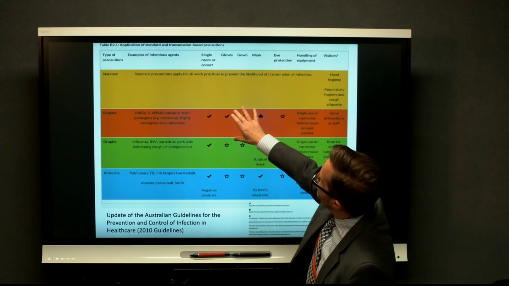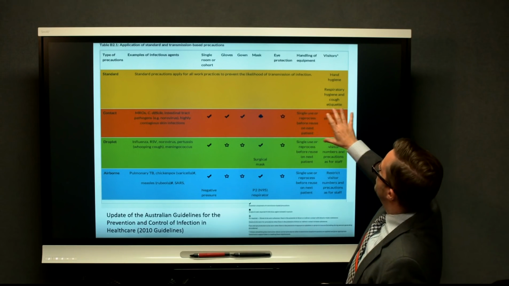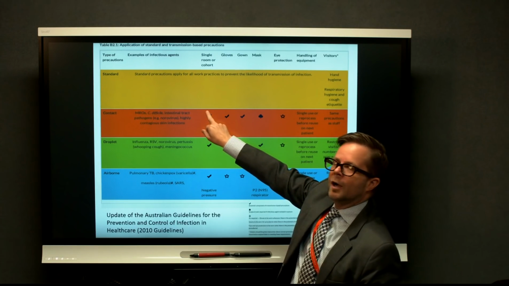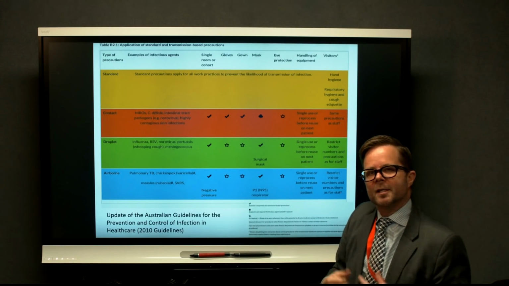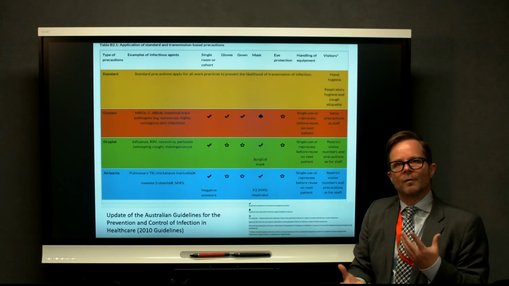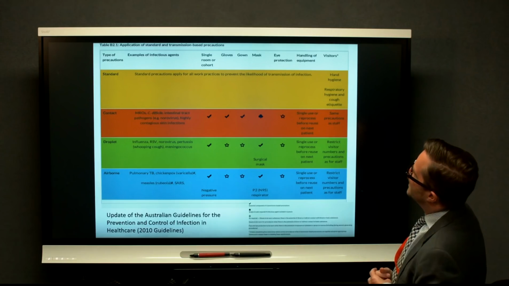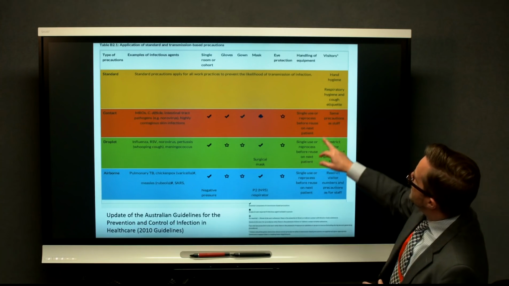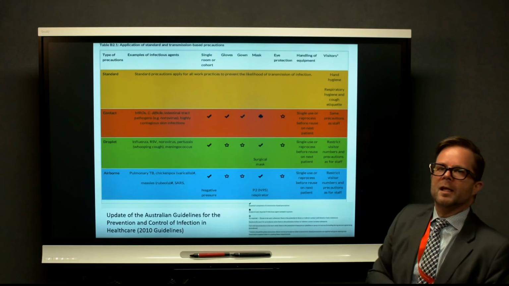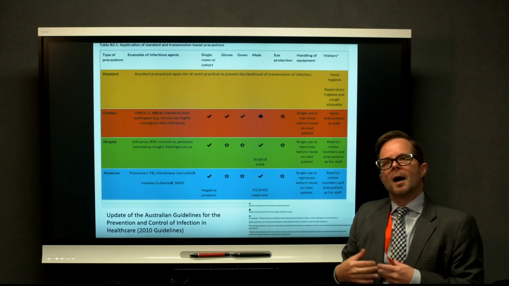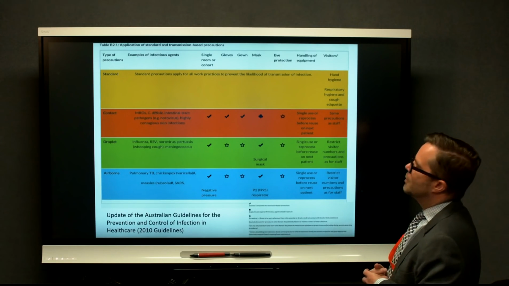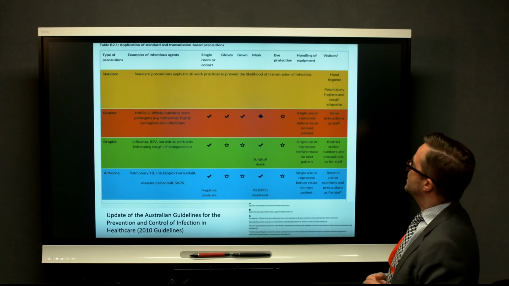So we would put in place additional precautions, such as a single room to treat these people. In a single room we can control the flow of air and those sorts of things. Single use or reprocessing of instruments before reuse on the next patient. So we might do things differently with our sterilisation procedures, for example.